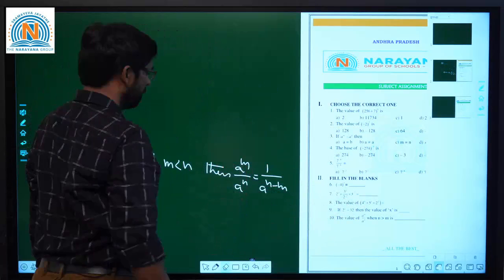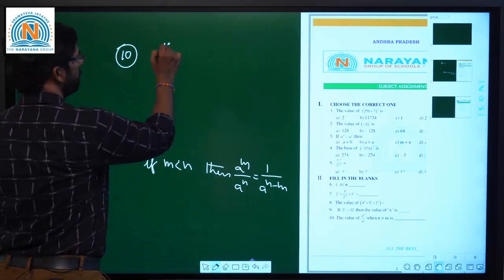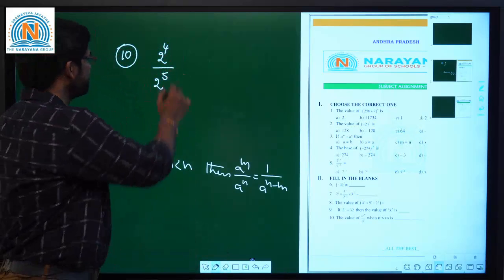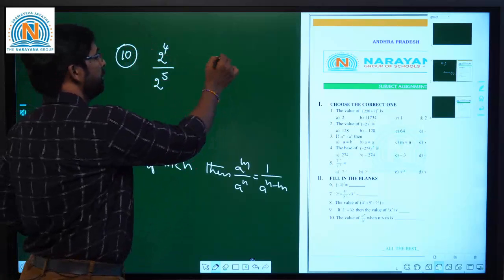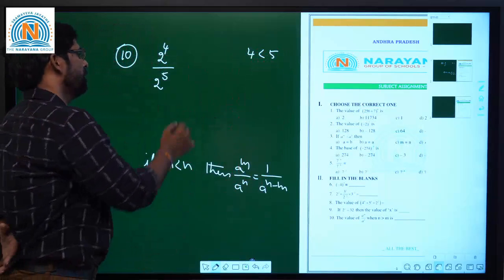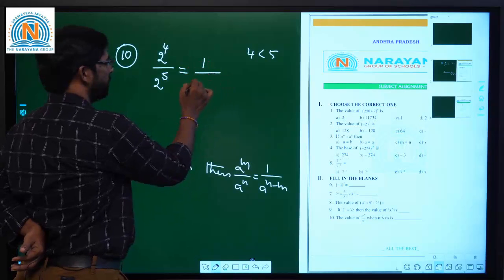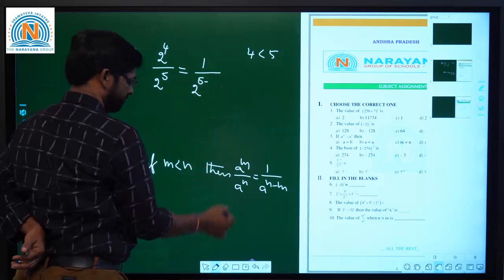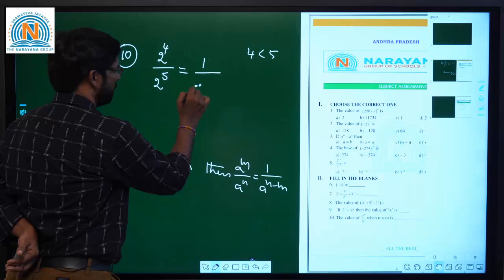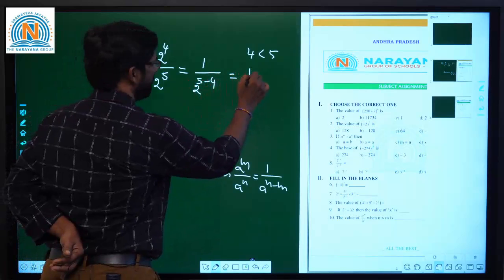Now take one example. 2 to the power of 4 by 2 to the power of 5. So this is m, that is n. So 4 is less than 5. Now take 1 by 2 to the power of 5 minus 4, that equal to 1 by 2.